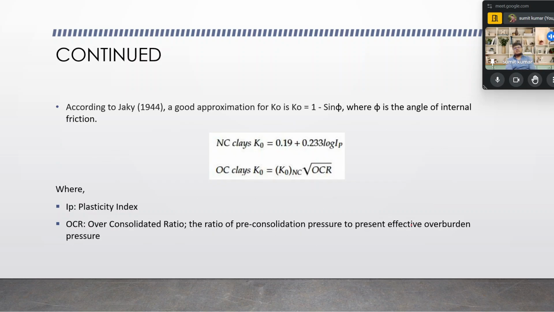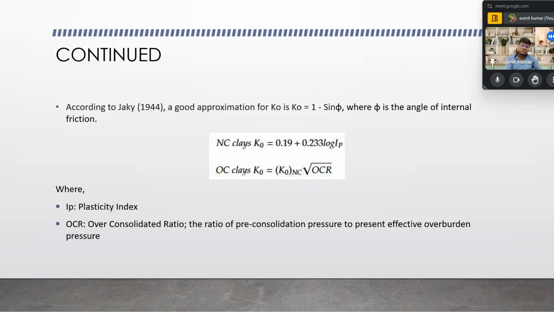Okay, now you see Jaky provided the value of K naught as 1 minus sine phi, where phi is the angle of internal friction. For normally consolidated clay, K naught is also suggested as 0.19 plus 0.233 log IP, where IP is the plasticity index, which is the liquid limit minus the plastic limit.